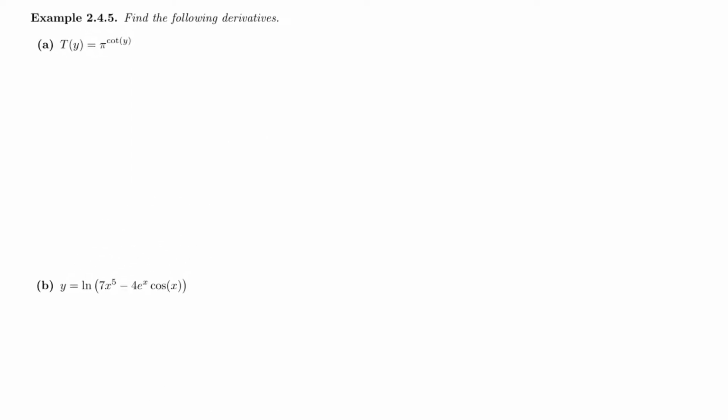All right. So in this next example, we have t of y is equal to pi raised to the cotangent of y. And as a reminder, first of all, pi is just a number. So the derivative that you use is the derivative of a raised to the x, which is ln of a times a to the x.